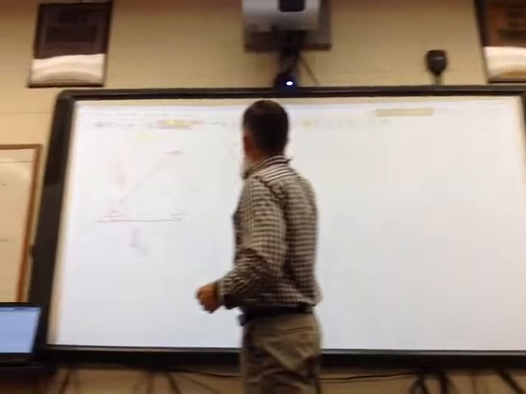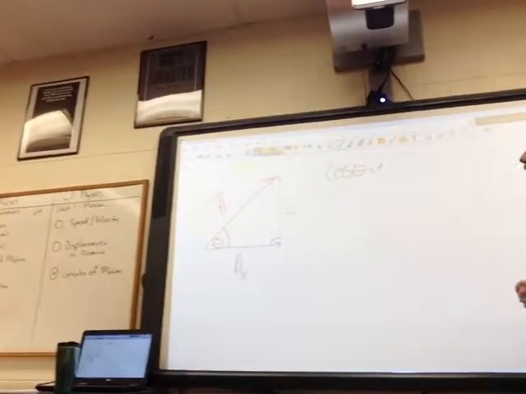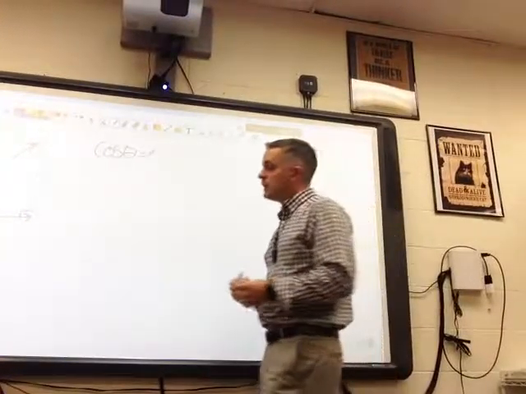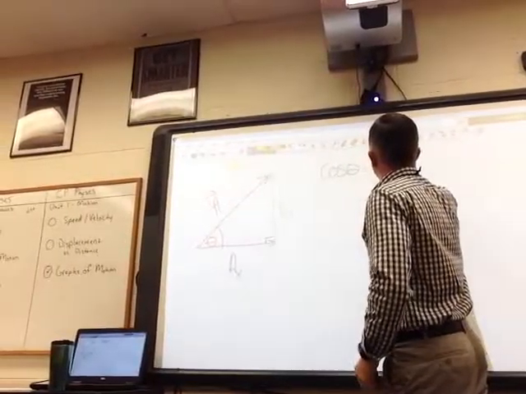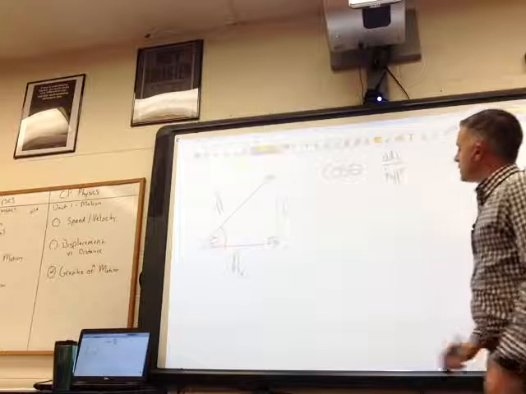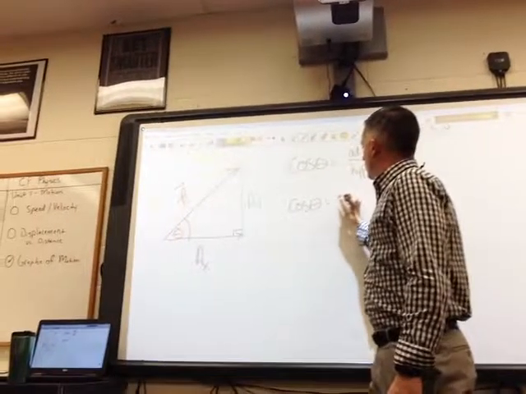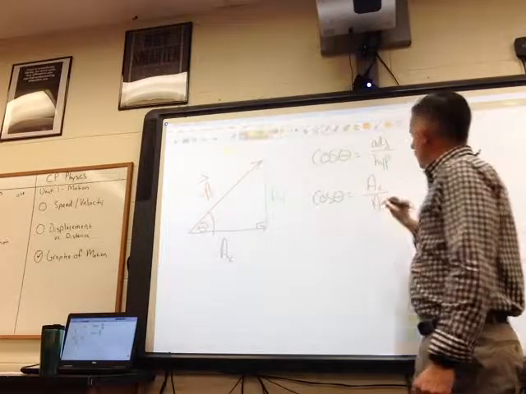So cosine equals adjacent over hypotenuse. The adjacent would be A sub x. Actually, before we even do this, let's just write it this way first. So the adjacent is A sub x over A.